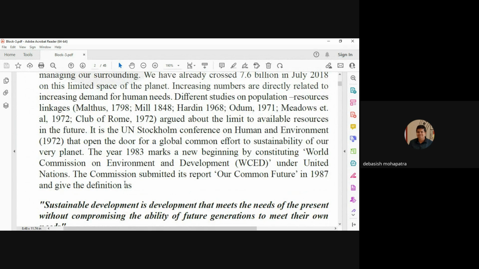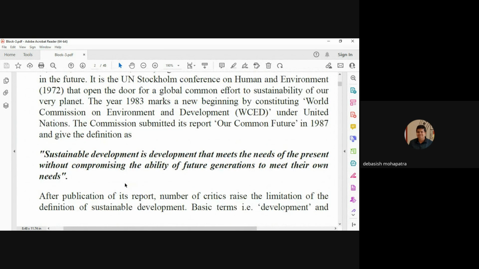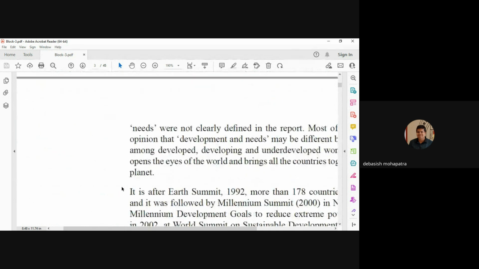The Commission submitted its report, Our Common Future, in 1987 and gave the definition: sustainable development is development that meets the needs of the present without compromising the ability of future generations to meet their own needs. This should always be our goal. We should meet what we need now without compromising what they need in the future, meaning their needs should also be taken into care.